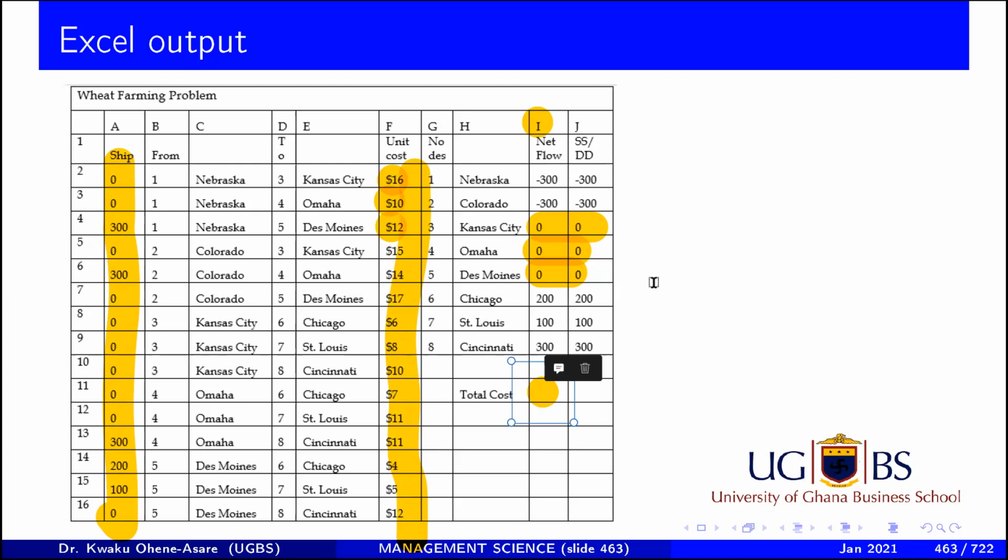So how would we have done the multiplication? Normally, one way is I take the 16 multiplied by 0, the 10 multiplied by 0, the 12 multiplied by 100, and so on. That's a way to look at it. But what is another way one can look at it?